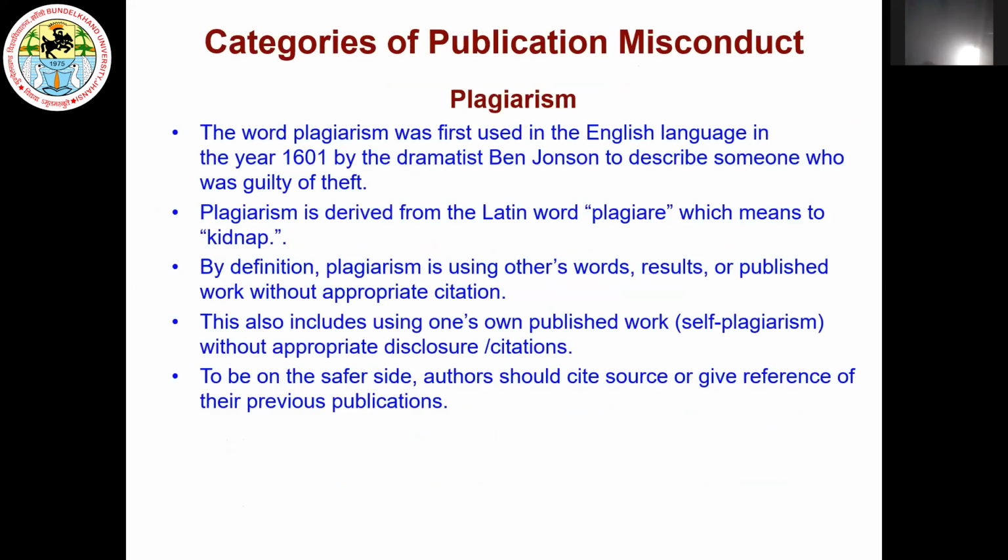So it came into literary use in 1601. It is derived from a Latin word which means to kidnap. And by definition, plagiarism is using others' words, results, or published work without appropriate citation.